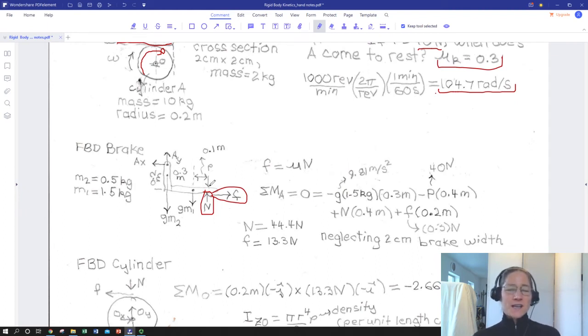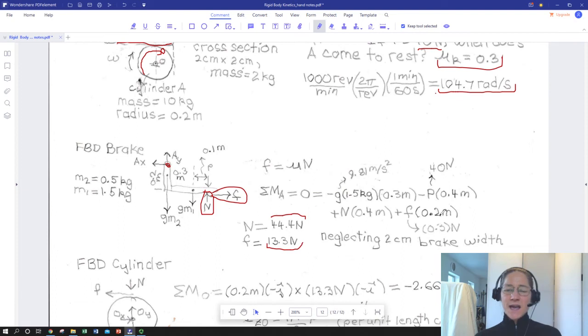And we'll be taking a force sum in the y direction and summing the moments about this pivot point on the brake. And from that and knowing the value for P, we can get a value for N. And that's just using equilibrium analysis of our forces. And with our 0.3 mu k, we now have a force of friction of 13.3 newtons.